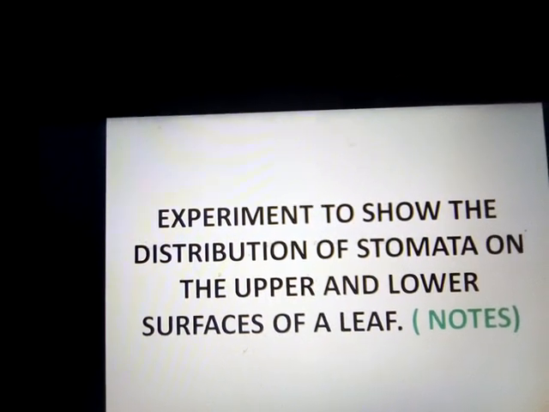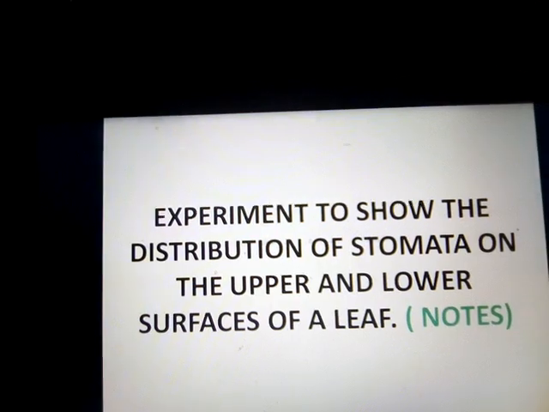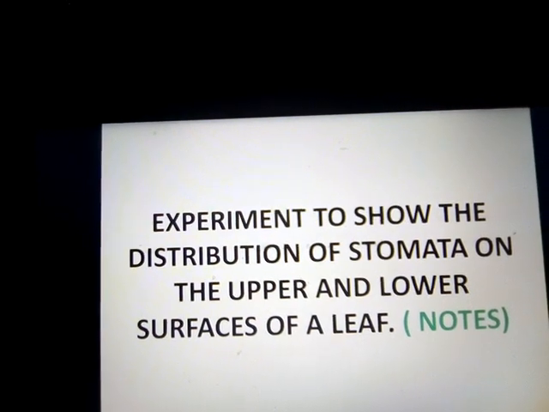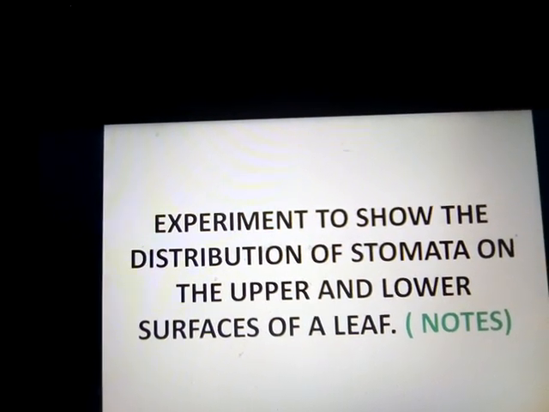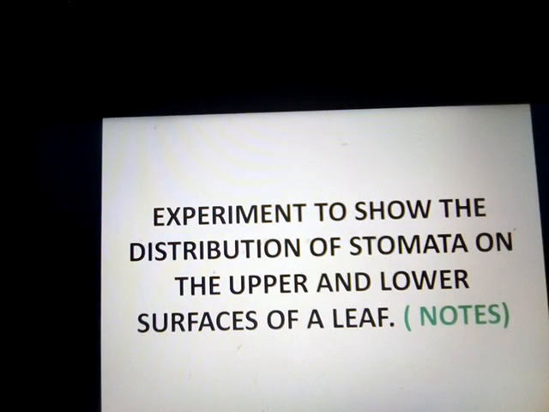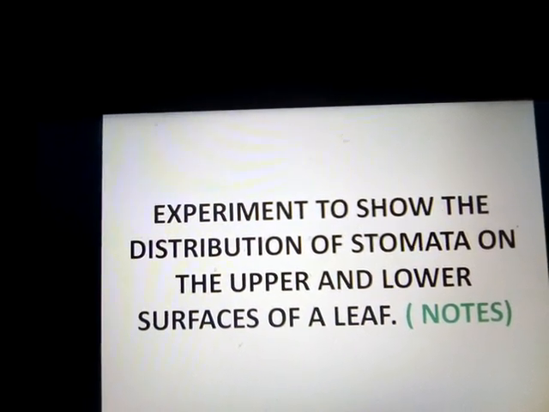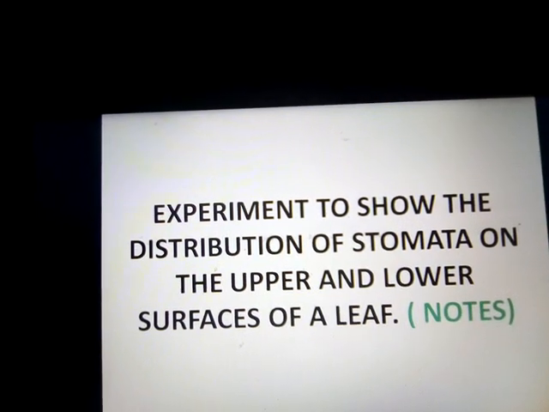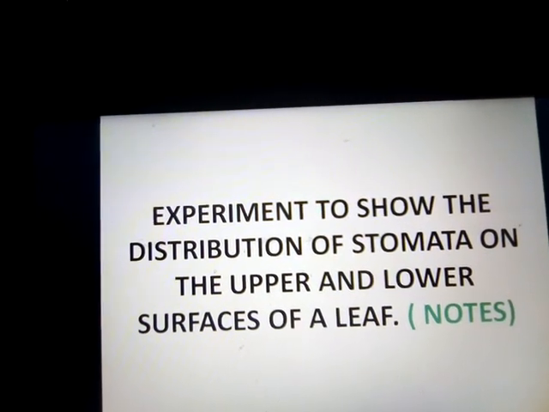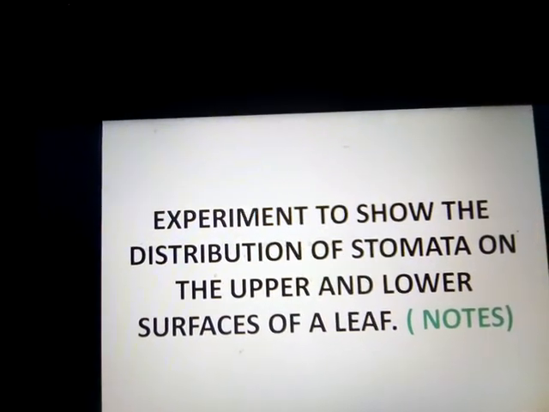For one, seal the upper surface with aluminum foil, and for the other, seal the lower surface, and allow transpiration to take place. The one with the upper surface sealed loses more weight than the one with the lower surface sealed.